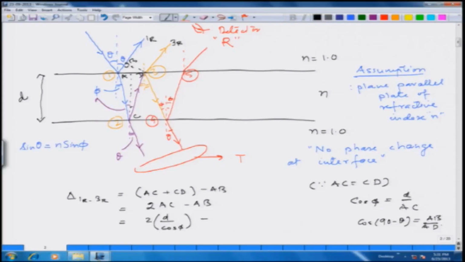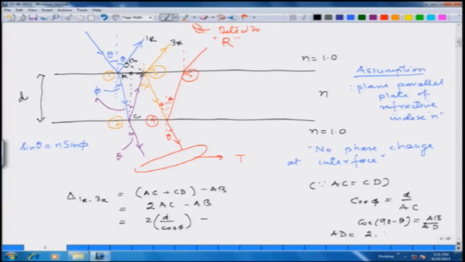We know that cos of 90 minus theta is sin theta, so I can write AB as AD sin theta. Now, what is AD? AD is double of this exactly.